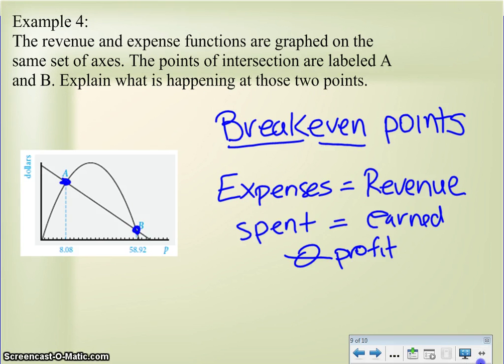So the two break-even points here: if they were to sell this unit at $8.08, they would break absolutely even. If they sold it at $58.92, they would break even. So the idea, obviously, is again to find that point, which we already did, coming down. That was that $30 point.